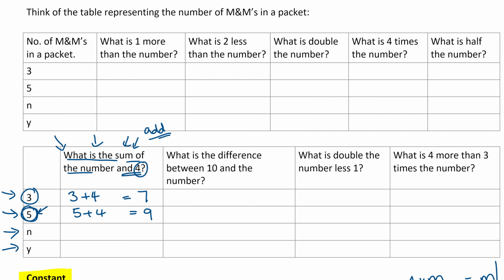What is the sum of n and 4? Again, we're just adding 4. Guys, you notice I did not say that this is equal to anything, because we're just writing an expression. We don't have to work it out. In fact, you cannot add this.